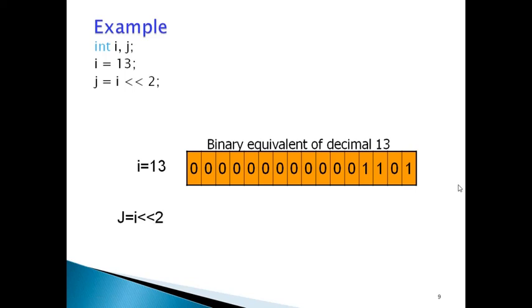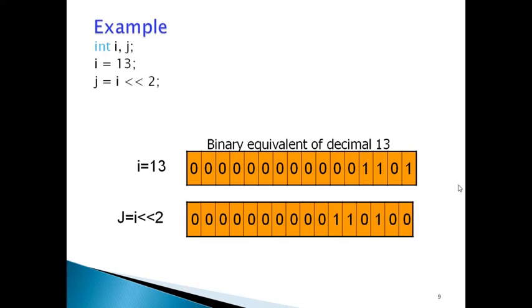Now when the compiler executes j equals i left shift 2, the i value is left shifted and moves 2 bits to the left side. Here 2 zero bits are added after shifting the bits.